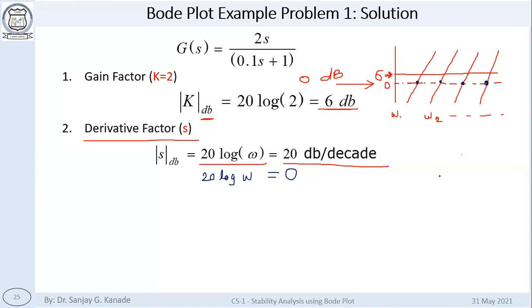How do you get this? See, this is not at all a control system question. This is something I don't know when you have learned, 8th or 10th maybe. But you are going to need this to solve the problems. And you cannot always say we have learned it a long time ago. We have to look at these things.